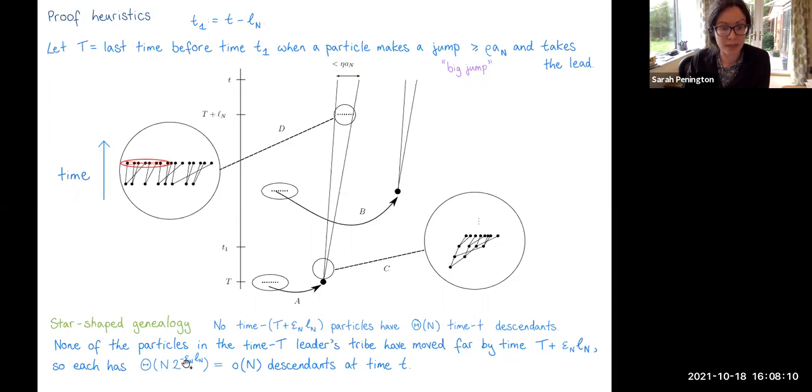In particular, in our assumptions for this theorem, we assume that epsilon n times ln goes to infinity as n goes to infinity. So this is little o of n. No single particle has a large share of the descendants at time little t, and that means we get the star-shaped behavior for the genealogy that we wanted. That's all I wanted to say for a sketch proof of the main results. Thanks very much for your attention.